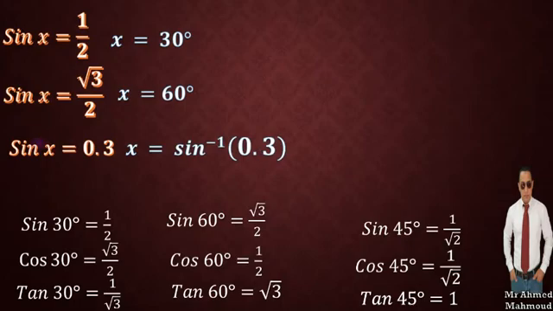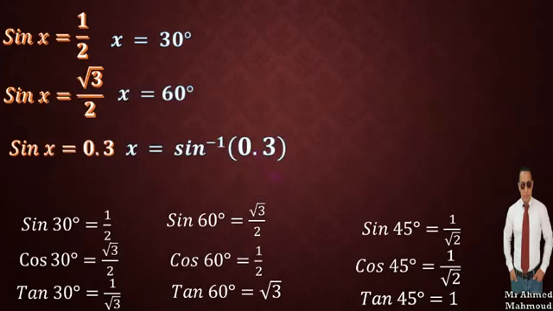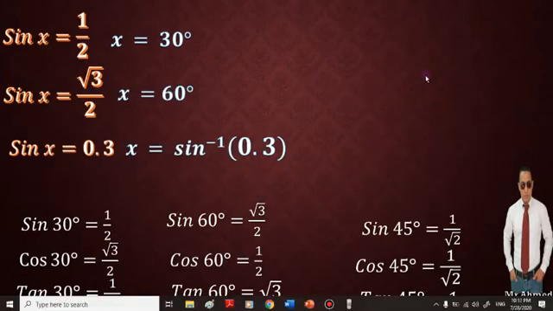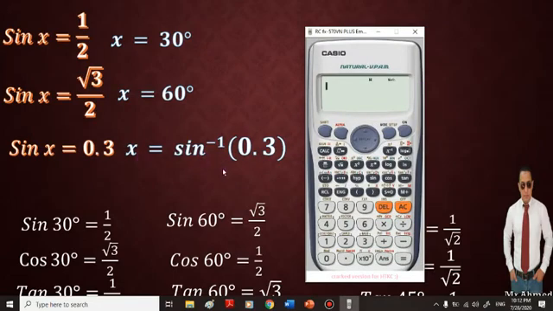I will switch sine into the other side to be sine power -1, or it's called arc sine. Arc sine 0.3. How can I write arc sine in the calculator?